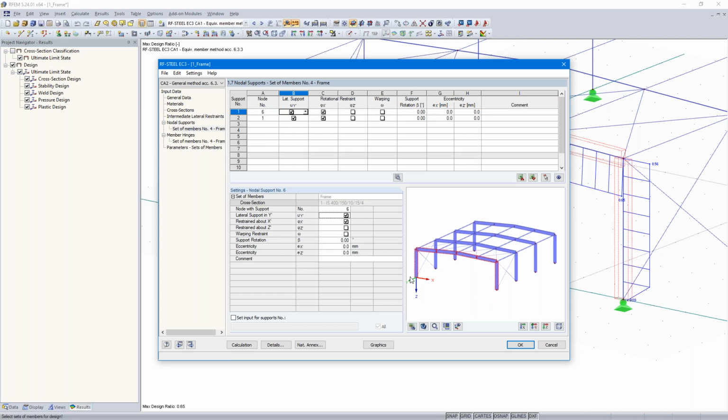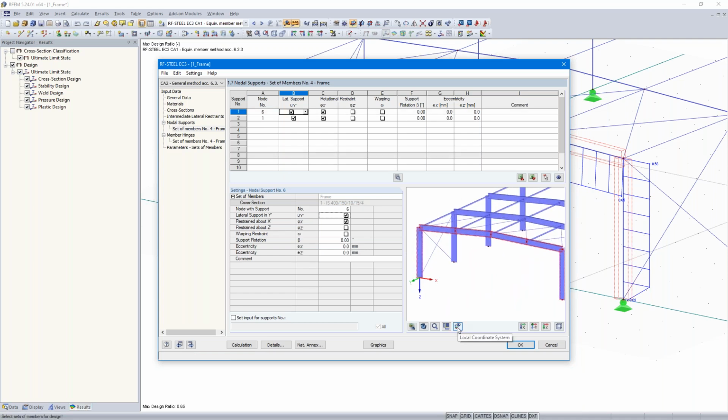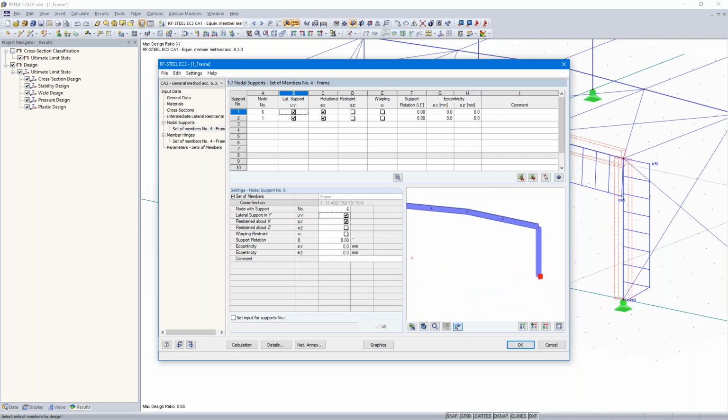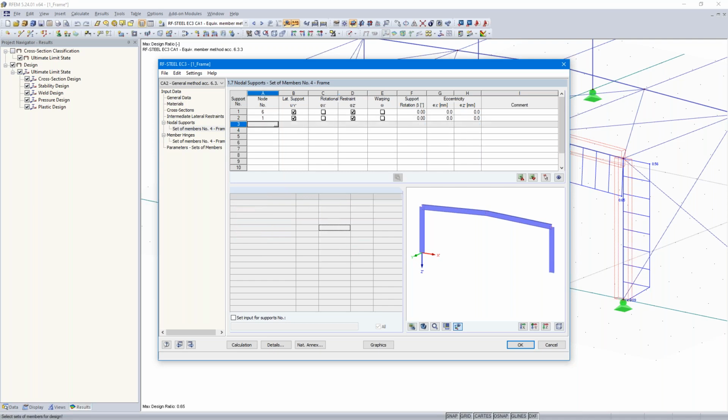So we start. I click that here, local coordinate system. And we start with the column bases. Lateral support in Y direction. That's okay. But rotational restraint about axis Z. Okay, now there's a lateral and torsional restraint at the column base.